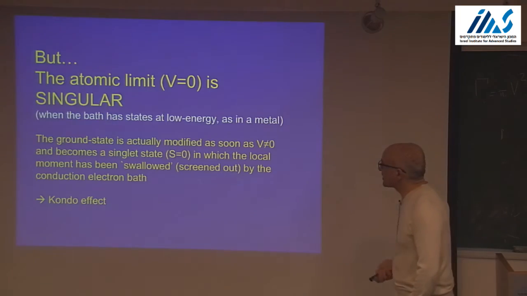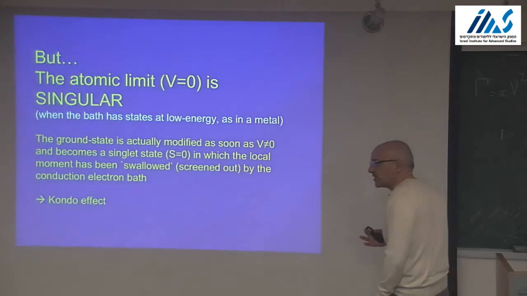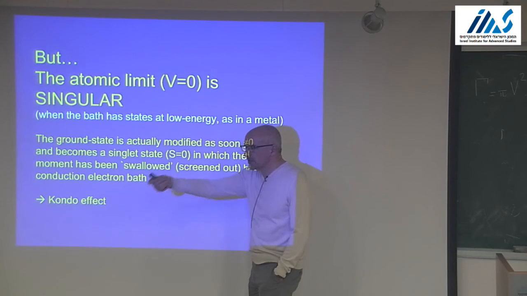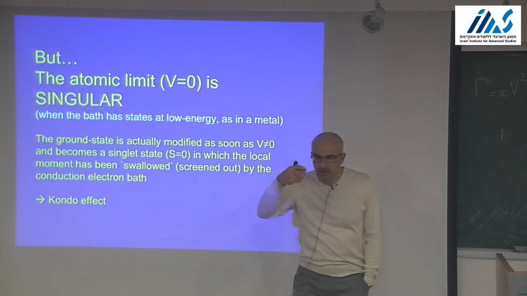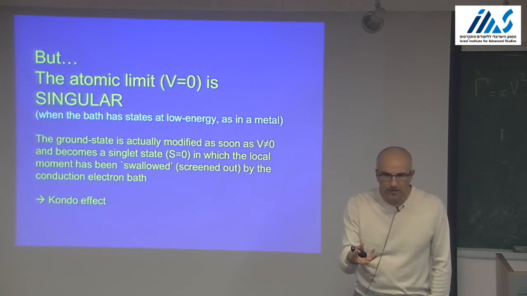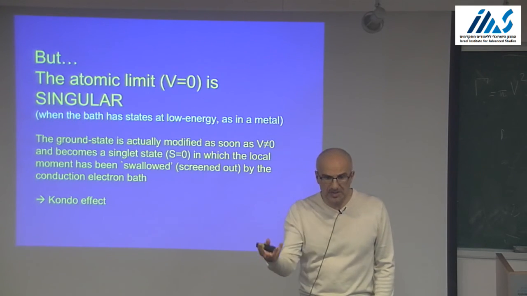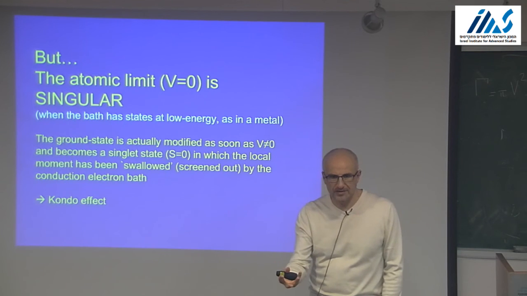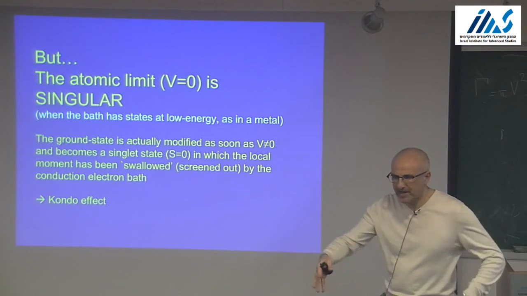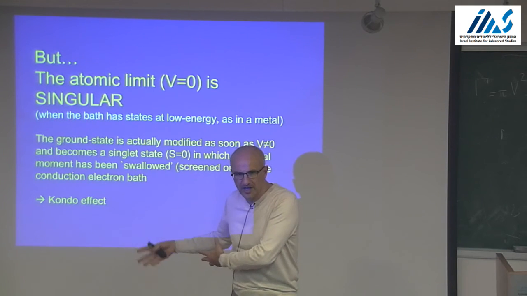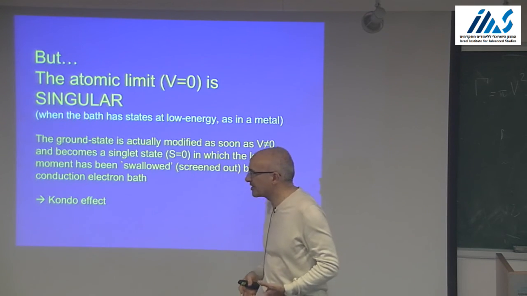And the reason it's fundamentally wrong is that what we've done here is to consider the transmission through the dot by using, for the spectroscopy of the system, the V equals 0 case. So we've taken the spectral function of the isolated atom, plugged it into this formula, and deduced something about Coulomb blockade.